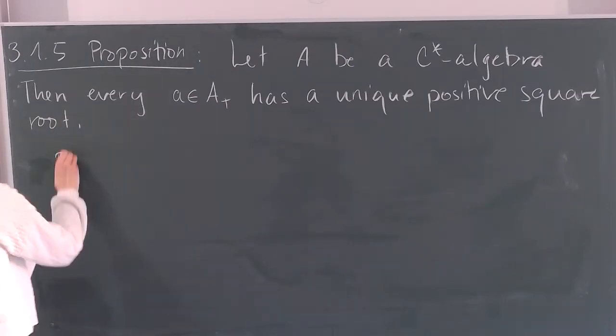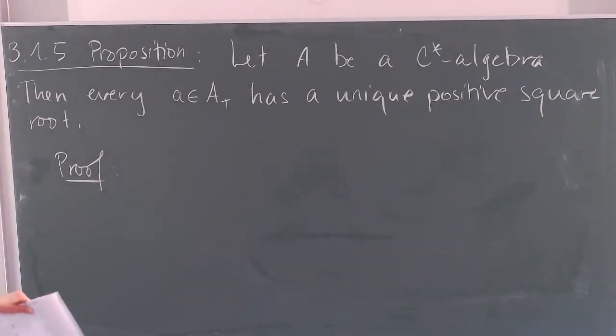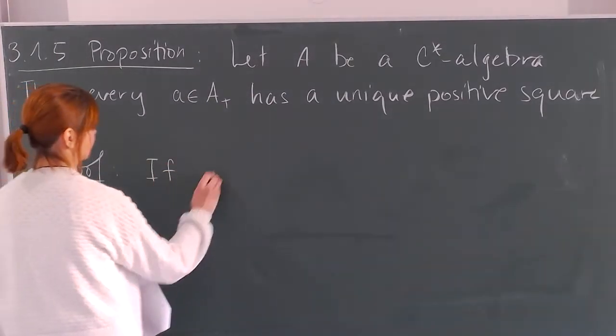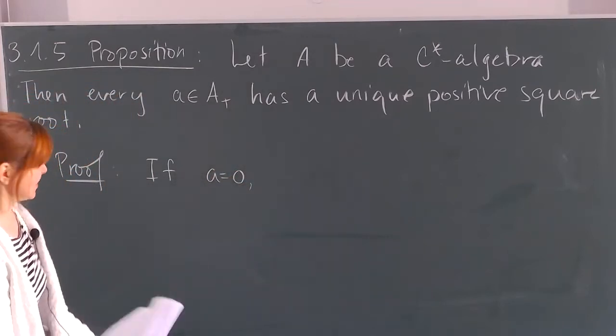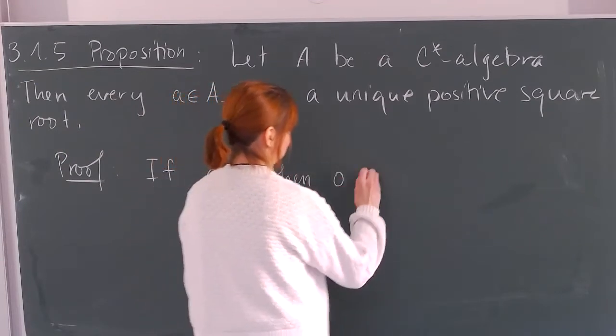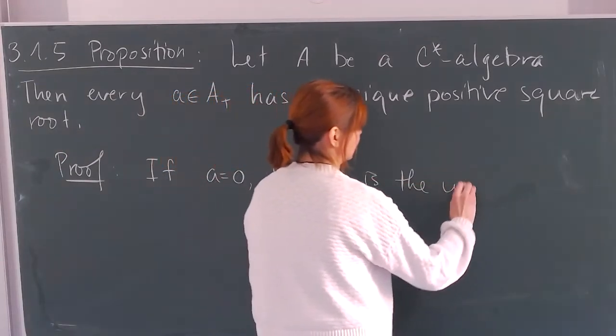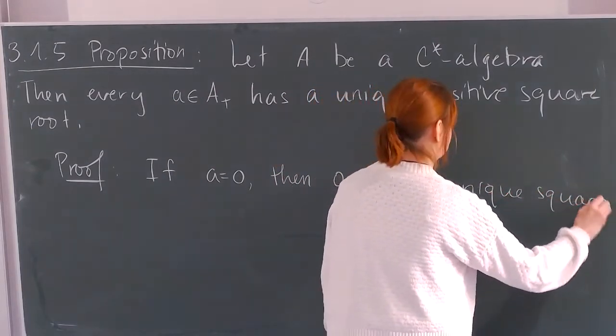Okay, so proof. First note that if A is 0, then the only possible square root is 0. So we can assume that A is non-zero.